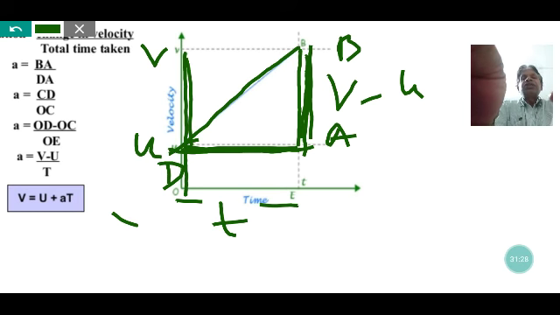Now we get a is equal to V minus U. This distance is V minus U.